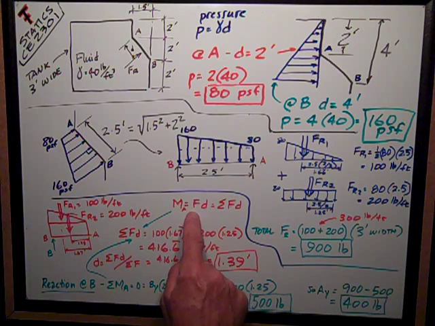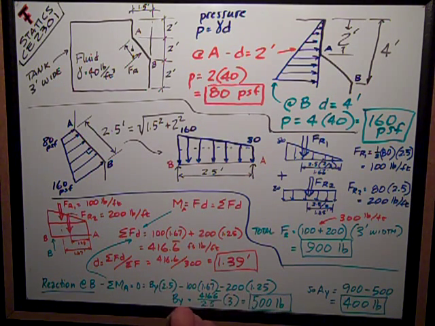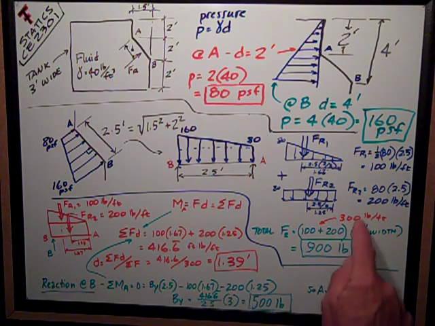Remember, when we're working on centroids, D is equal to M divided by F. So that's 416.6 divided by my resultant force, and I'm consistent because I'm just working in pounds per foot of width. 416.6 divided by 300, this number over here, is 1.39 feet. The 3-foot would divide out if I put that all in there.